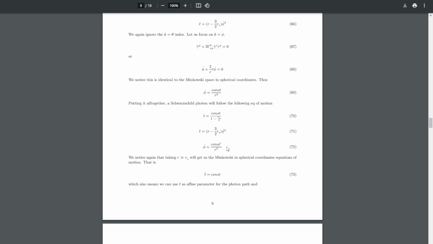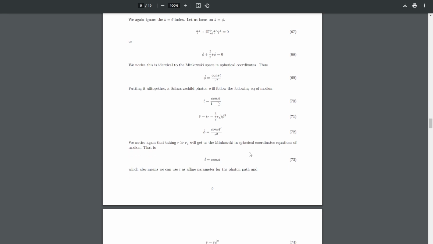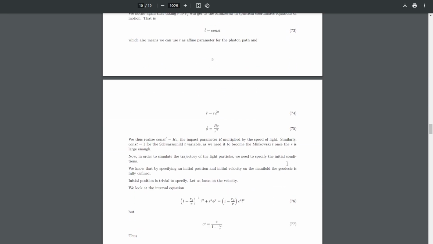And this is because if you take R to be very large, we know from the vacuum solution that this constant is RC. So if the photon started very far and it had that parameter, basically the impact parameter, then it will stay the same no matter how close it gets to the black hole. So we found the value for this constant.